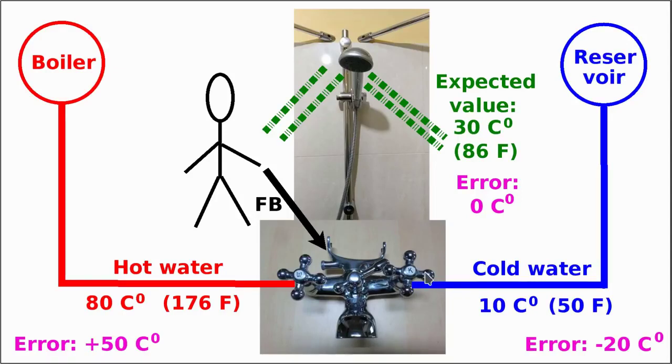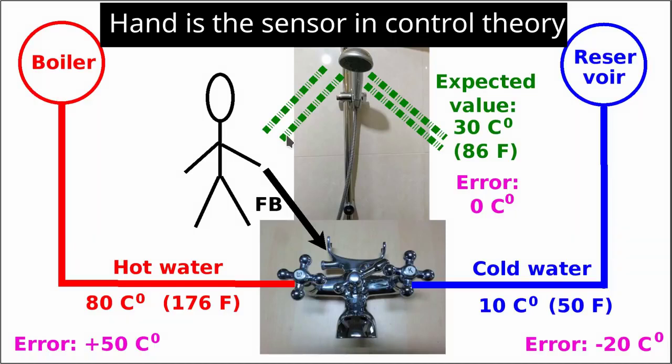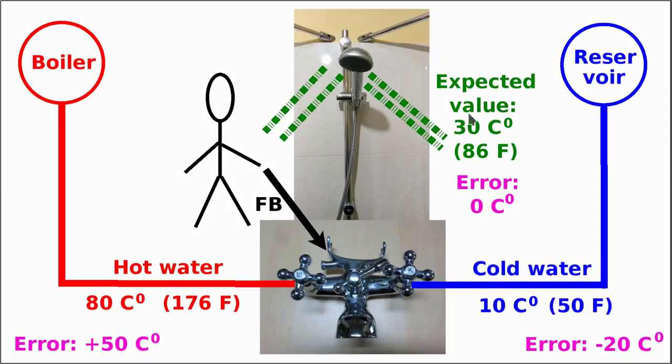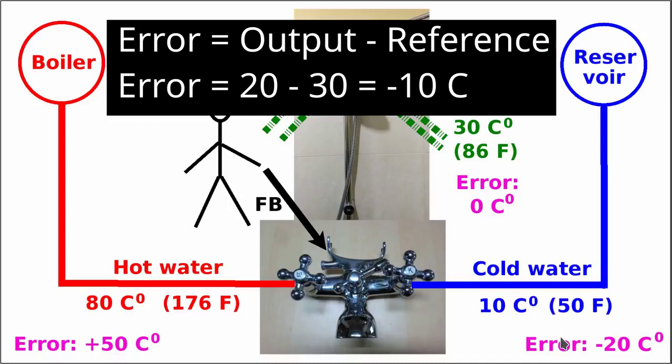First of all, he will open the cold water valve, then put his hand into the stream of this cold water and say, okay, I got an error of minus 20 degrees C, so the person will then also open the hot water as well, put the hand in again in the stream, and let us assume that now the water coming out is 20 degrees C. So now the person will compare this 20 degrees C with the 30 degrees desired or expected value and will say that now my error went down. Instead of being minus 20 degrees C, now it is only minus 10 degrees C.